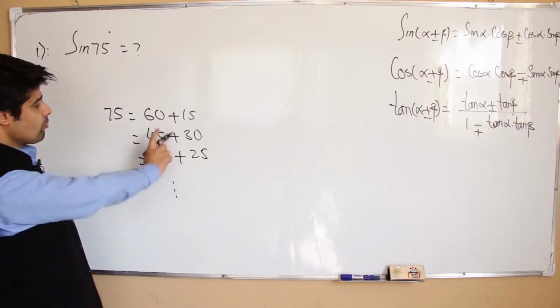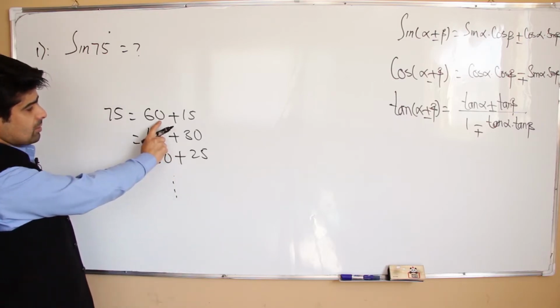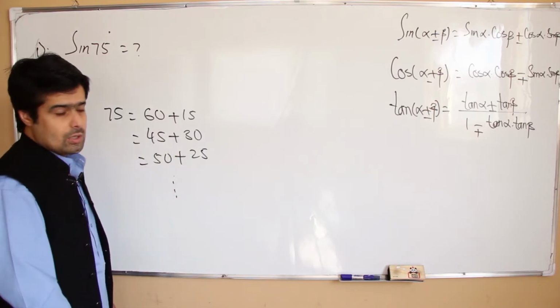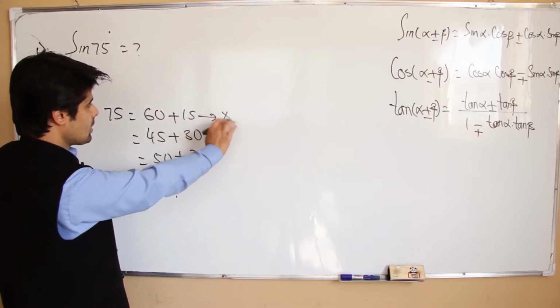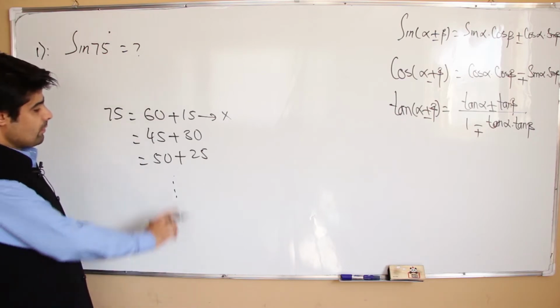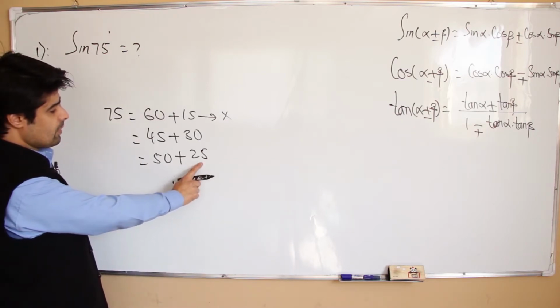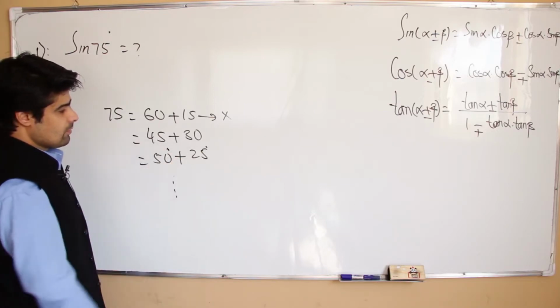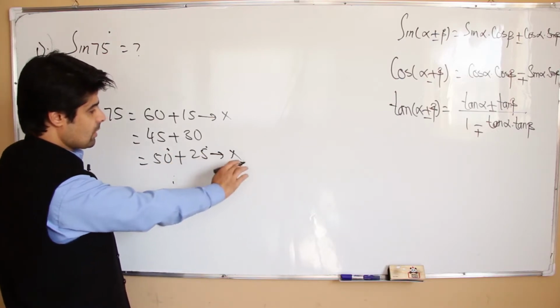But we know the trigonometric ratios of 60 degree, but we don't know those of 15 degree, so it is not correct to choose the first option. Whenever you're talking about 50 and 25, you don't know the trigonometric ratios of 50 degree and also 25 degree. So it is not correct.